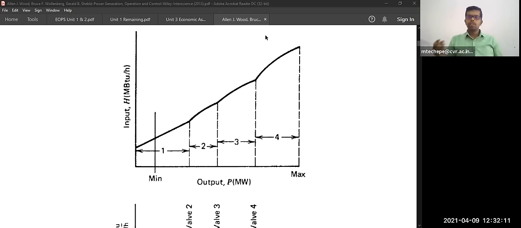In the bus, the load will be increasing or decreasing by the minute. At 12 o'clock the weather is very hot outside, so everyone will switch on air conditioners and air coolers, and the load will simply increase.